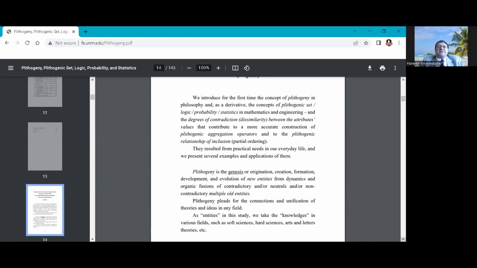For example, a person is characterized by weight, color, height, education, married status, and so on.